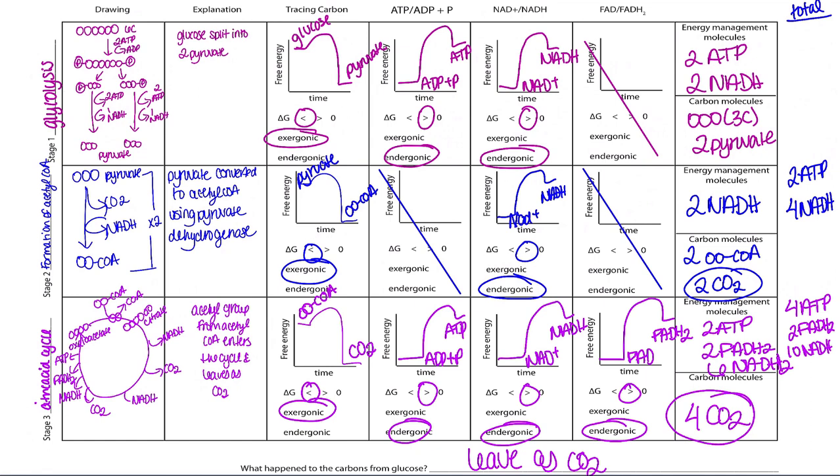So I'm going to actually stop here, and for the model extension that asks you to draw the electron transport chain and chemiosmosis, I'm going to go ahead and challenge you all to do that on your own. In addition, there is a flow chart with boxes and arrows that is another summary of all 4 of the stages of aerobic respiration.